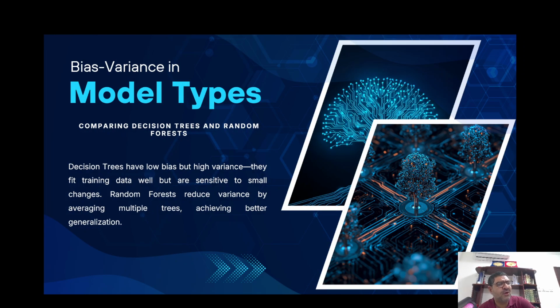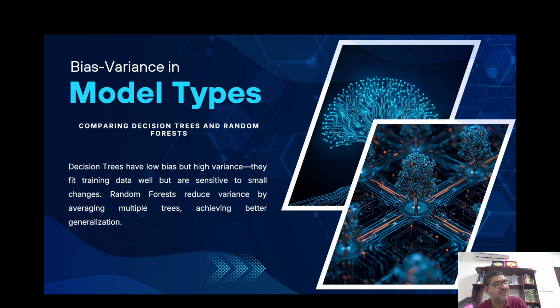Bias variance in model types. Comparing decision trees and random forest, for example. If we look at the factor of bias and variance in these two models, you will observe that decision trees have low bias but high variance. So what does that mean?